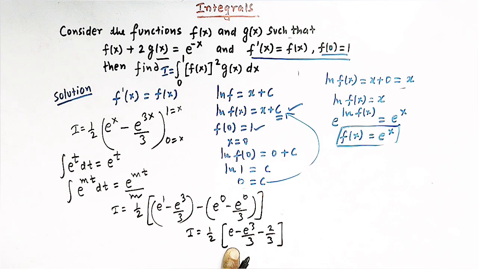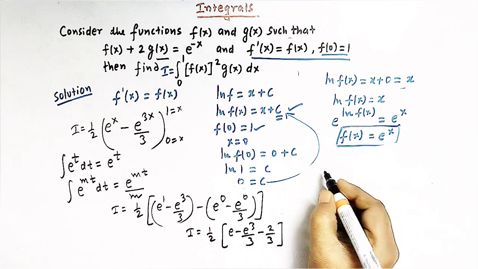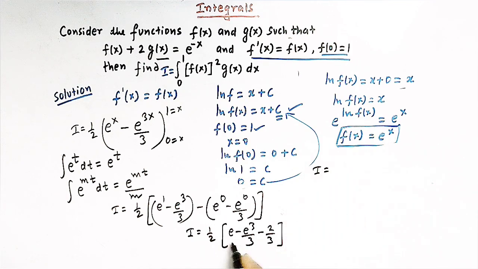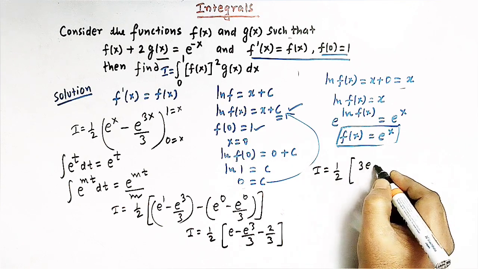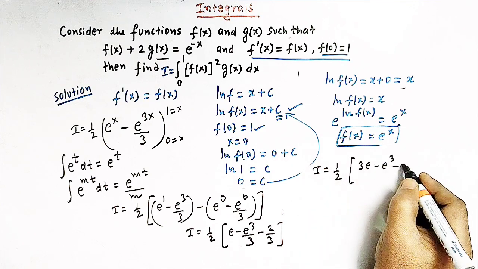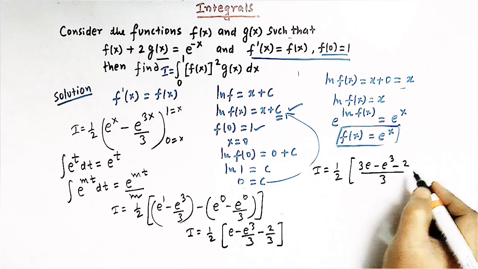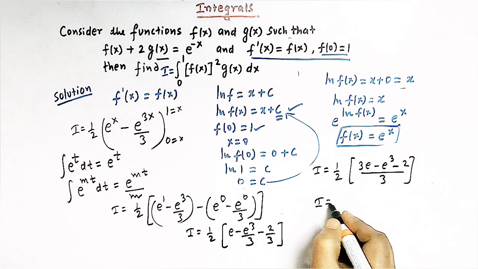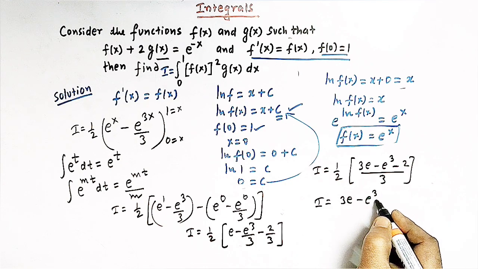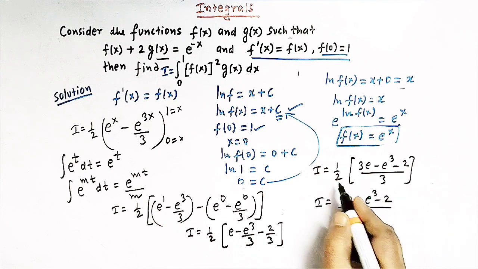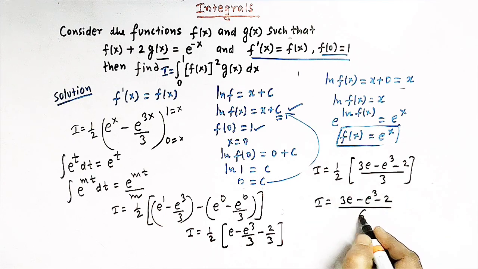So let us simplify this expression. So we have I, and we have half, and 3e minus e cube minus 2 over 3. So we can write I is equal to 3e minus e cube minus 2 divided by 2 times 3 is 6.